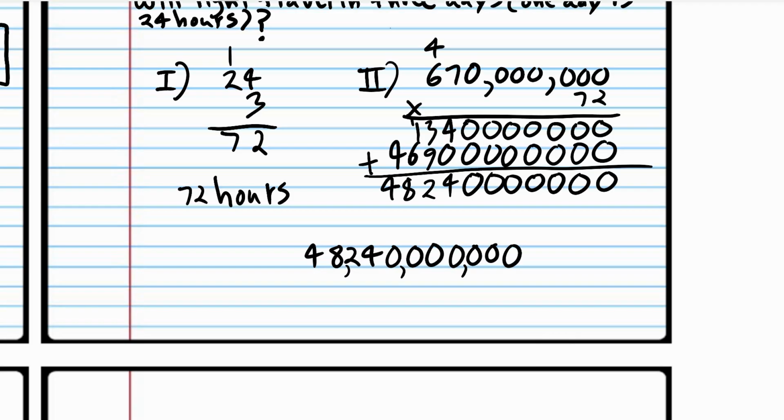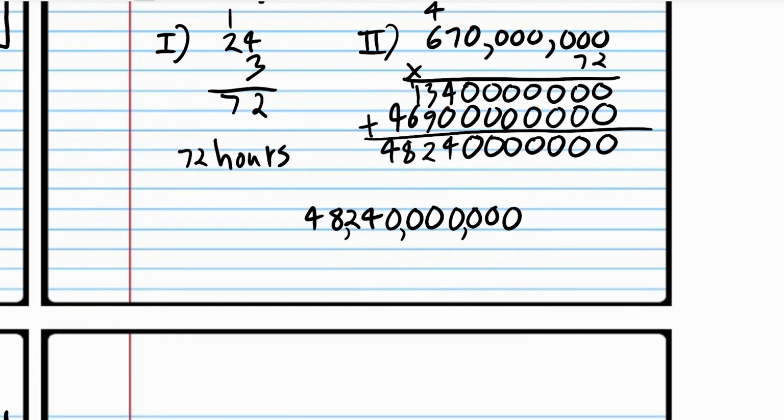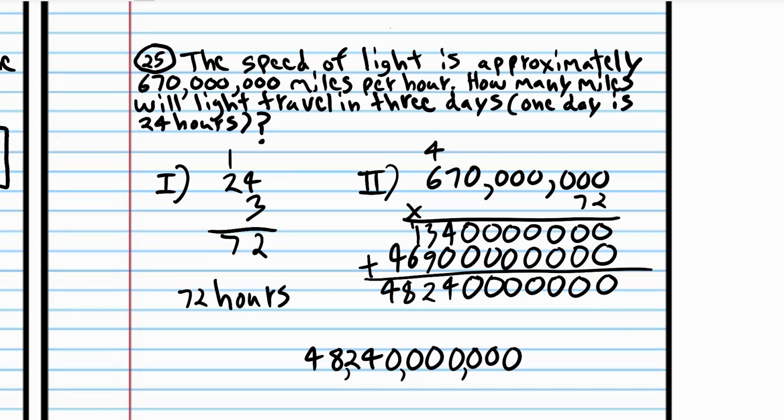Every 3 numbers write a comma. So this is 48 billion, 240 million hours, or excuse me, miles.